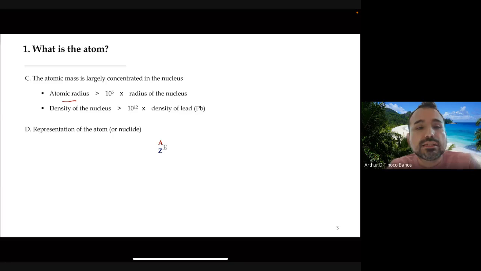That being said, the nucleus of the atom contains a lot of density, and we want to quantify that. It is greater than 10 to the 12th times the density of lead. Lead is an element that is well known to be extremely dense.